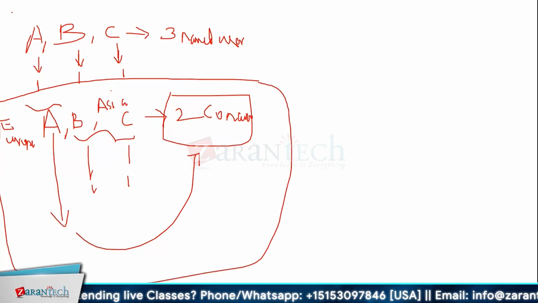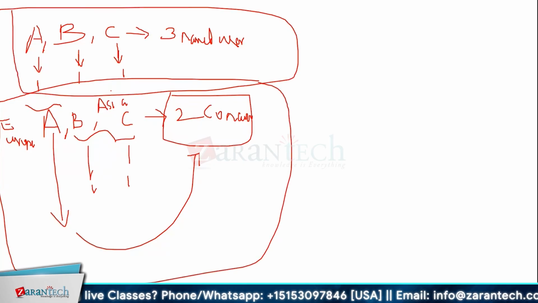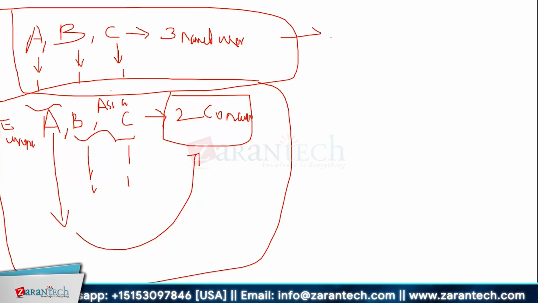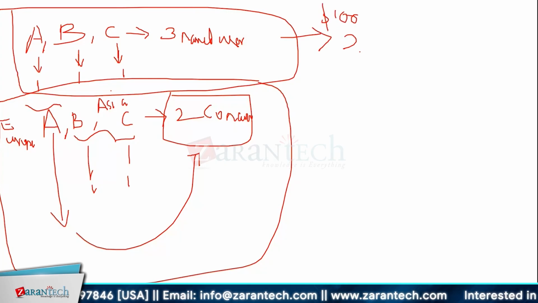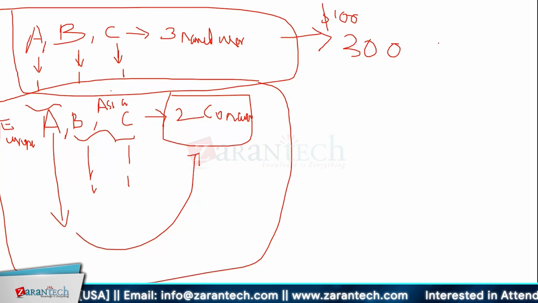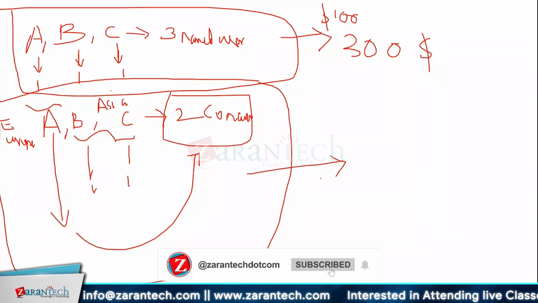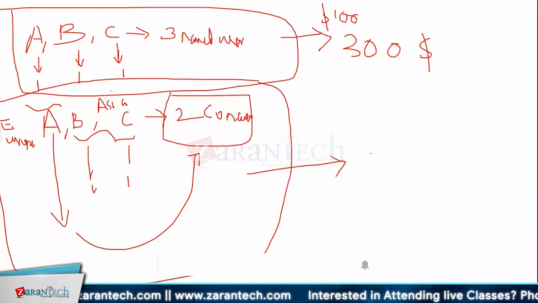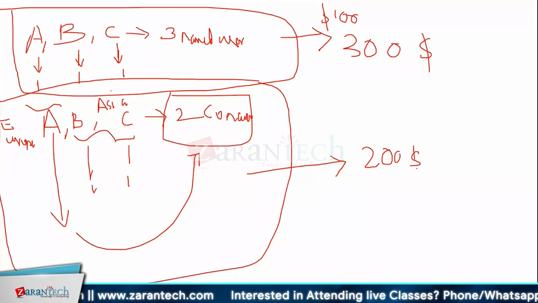In case of named license users, whether they are using it or not, you need to buy the license. There is no other way to save the license cost. Here the license cost is $100, so you need to spend $300. Whereas with concurrent licenses you spend only $200, because at any point of time only 2 people will be logged in.